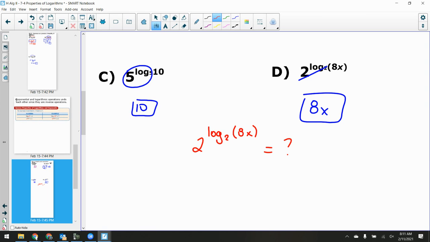And I don't know what that something is. So if this is an exponential, watch what I'm going to do. I'm going to turn it into logarithmic. Log base 2 of something is equal to whatever's in the exponent. Look at the two sides of my equation. What should fill in that blank? It's x, right?